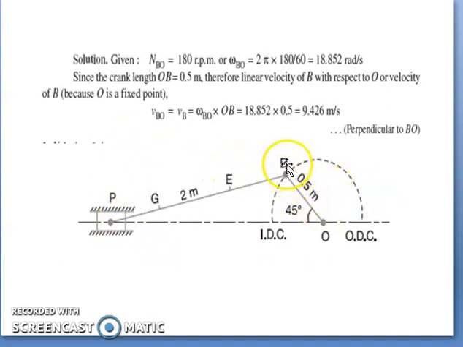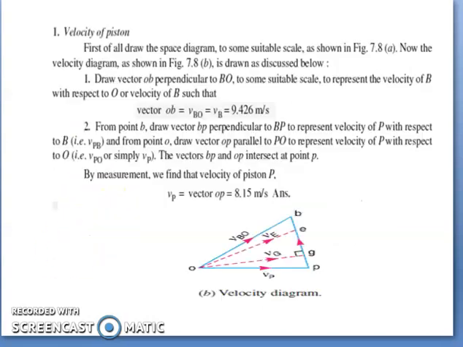So if you want to find out the angle, you drop a perpendicular and find out what is this angle and this angle, and then you can find out what is the angle made with respect to the horizontal. So you draw a line perpendicular to OB and you measure what is the angle made with the horizontal.